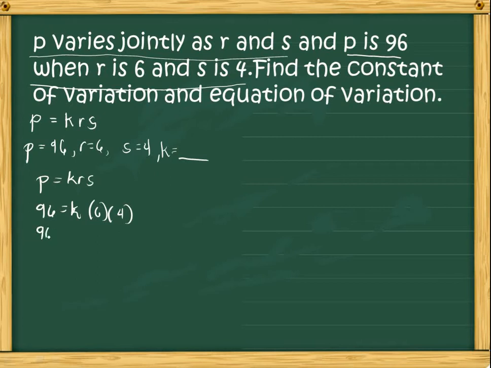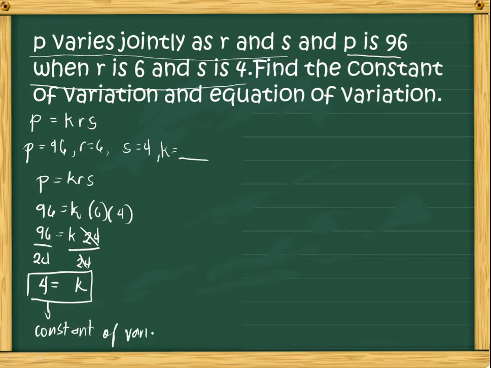So, 96 is equal to K times 6 times 4, which is 24. Our goal is to find the value of K and we need to eliminate 24. So, we need to divide both sides by 24. K times 24 divided by 24 is K. 96 divided by 24 is equal to 4. Take note, K is equal to 4 is what we call the constant of variation.